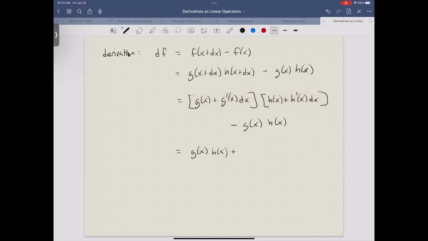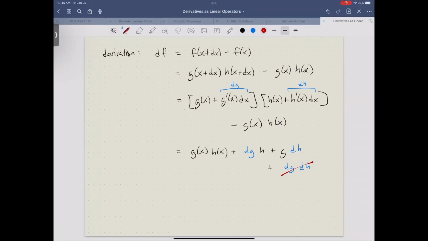So I get plus g prime of x dx times, which I could also just write as dg. This is the same thing as dg. This is the same thing as dh. Maybe I should have done that, it's a little shorter to write. This is dg times h plus I have a g times dh plus I have dg times dh, but that term we're going to ignore.